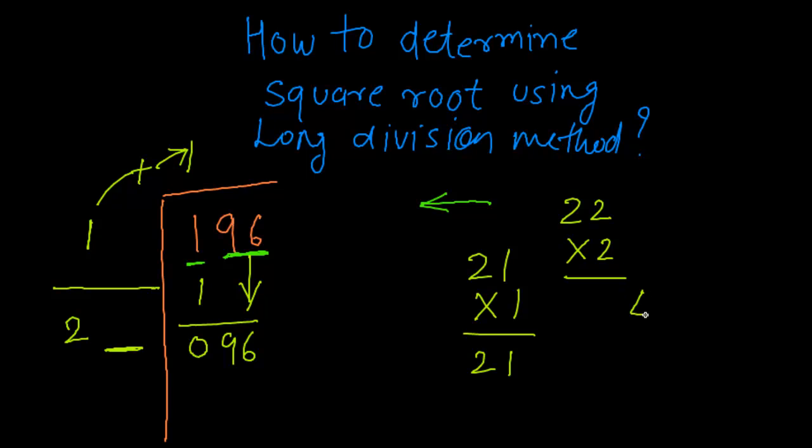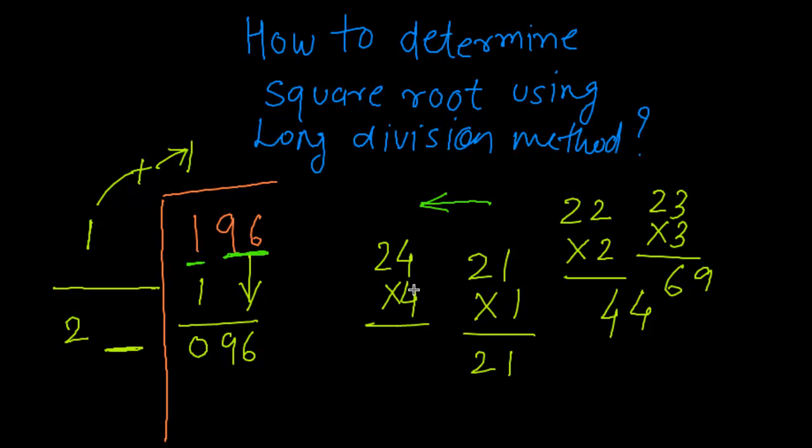2 fours are 8, still it's quite far from 96. Let us try with 23. 3 threes are 9 and 3 twos are 6. So it's 69, and still it's a bit far, so I would like to give a try to 24 also. 4 fours are 16, 4 twos are 8 plus 1 is 9, it's 96. So you could get the perfect number.